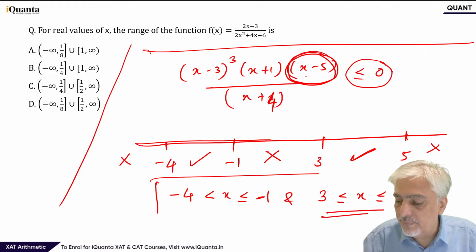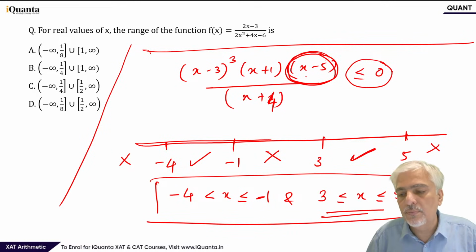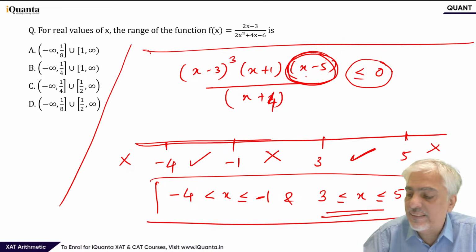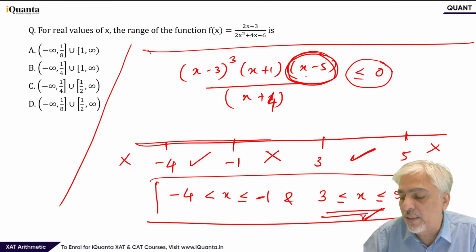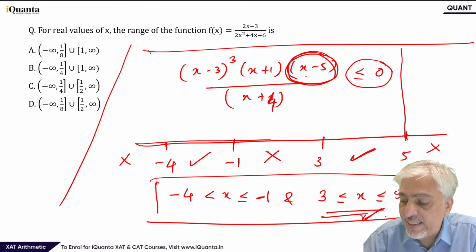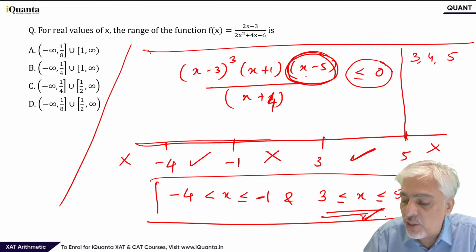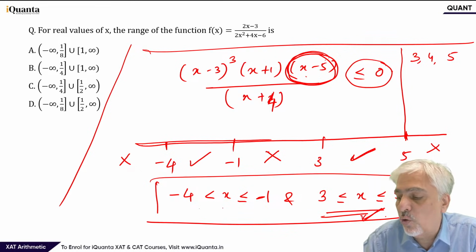Are we clear? And if you're looking for integral answers, then x is equal to 4 is possible over here. 3, 4, 5. And over here, there will be minus 1, minus 2, minus 3. Minus 4 will not satisfy.